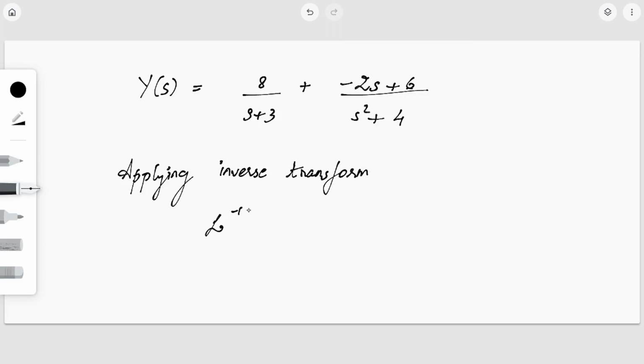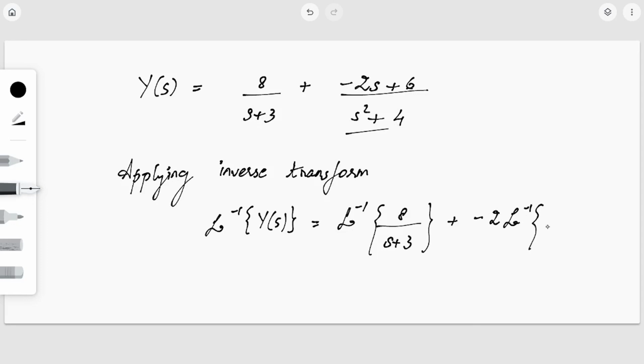Script L inverse of Y(s) is equal to script L inverse of 8 by (s + 3), and applying linearity, minus 2 into L inverse of s by (s² + 4) plus 6 into L inverse of 1 by (s² + 4), right?